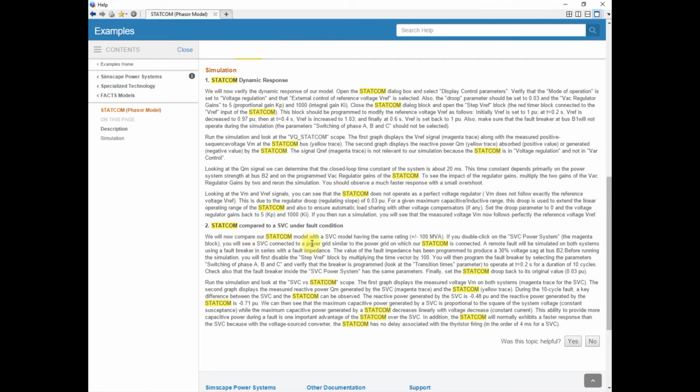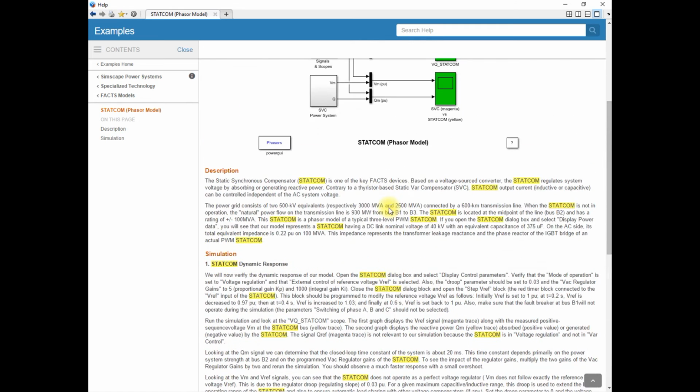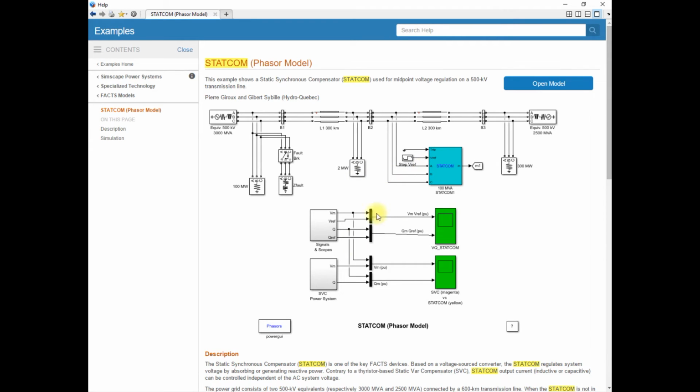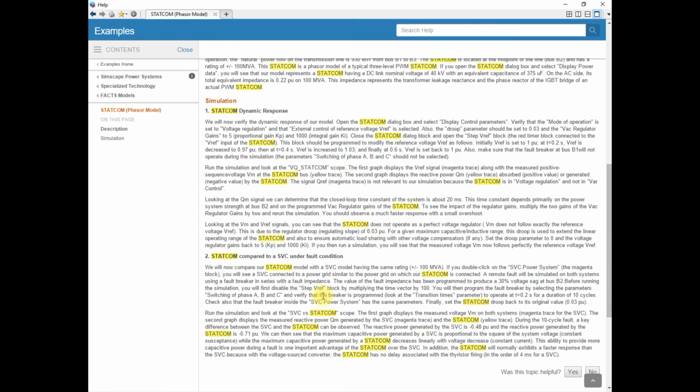In this condition we compare the STATCOM model with the SVC model, which has the same rating of plus or minus 100 MVA. If you double click on the SVC power system, you will see the SVC connected to a power grid similar to the power grid on which our STATCOM is connected. You can see that in the same way the SVC is connected in this power system block. A remote fault will be simulated on both systems using the fault breaker in series with the fault impedance.